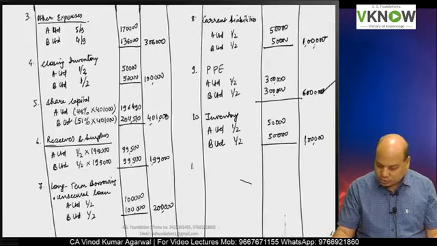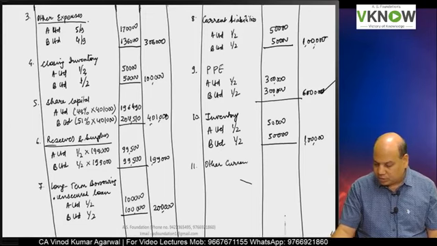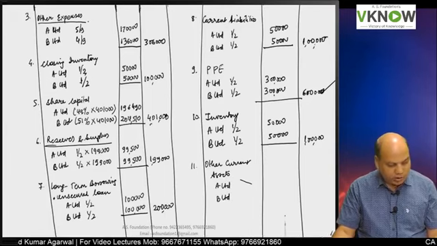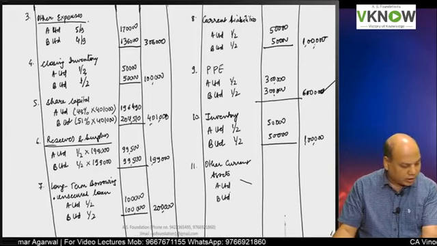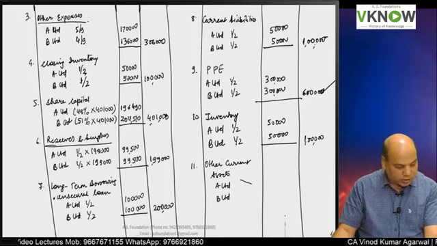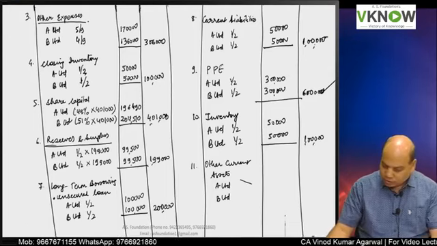Other current asset, note number 11. Under that you write down A limited, B limited. Total of the other current asset is 2 lakh.